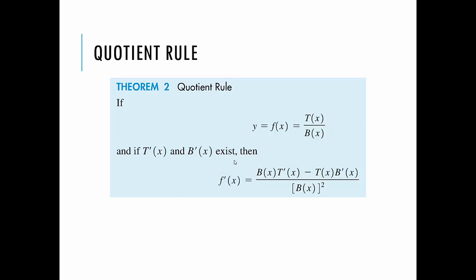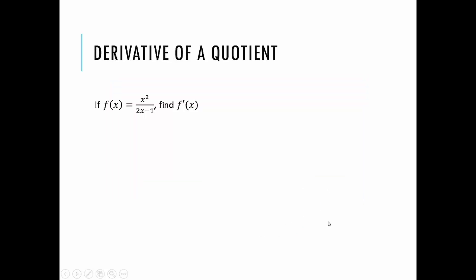A quotient rule says leave the bottom alone, take the derivative of the top, minus leave the top alone times the derivative of the bottom, and then square the bottom. So again, leave the bottom alone, derivative of top, minus leave the top alone, derivative of the bottom, and then square the bottom.